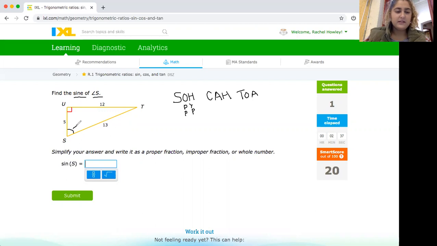So my opposite side for my angle is this 12 because it's across, and my hypotenuse is this 13 because it's the diagonal side and it's across from the right angle. Okay, so I end up with the sine of angle S is 12 over 13.